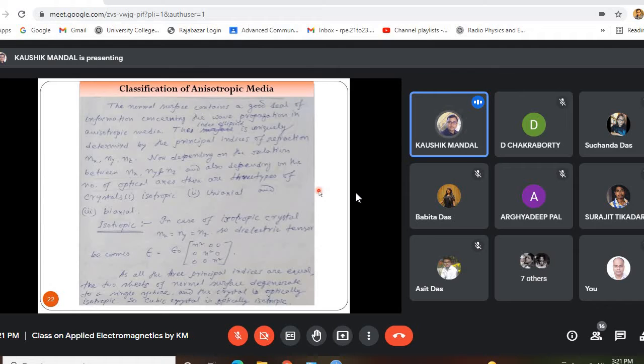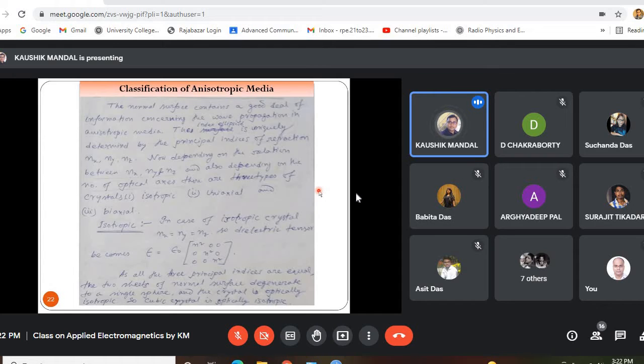Now with this basic knowledge about wave propagation in anisotropic media and the structure of the normal surface and the index ellipsoid, we can classify the anisotropic media into three basic categories depending on the relation between the refractive indices, that is the relation between nx, ny and nz, and depending on the number of optical axes.